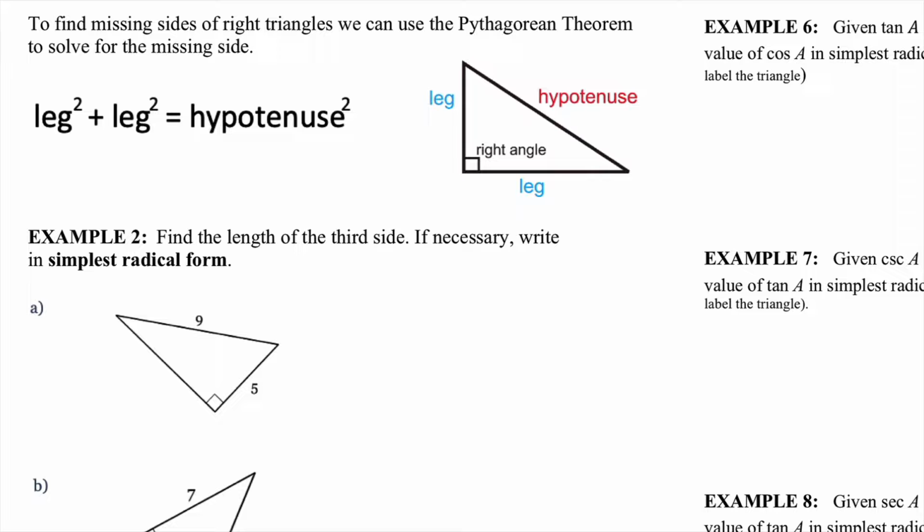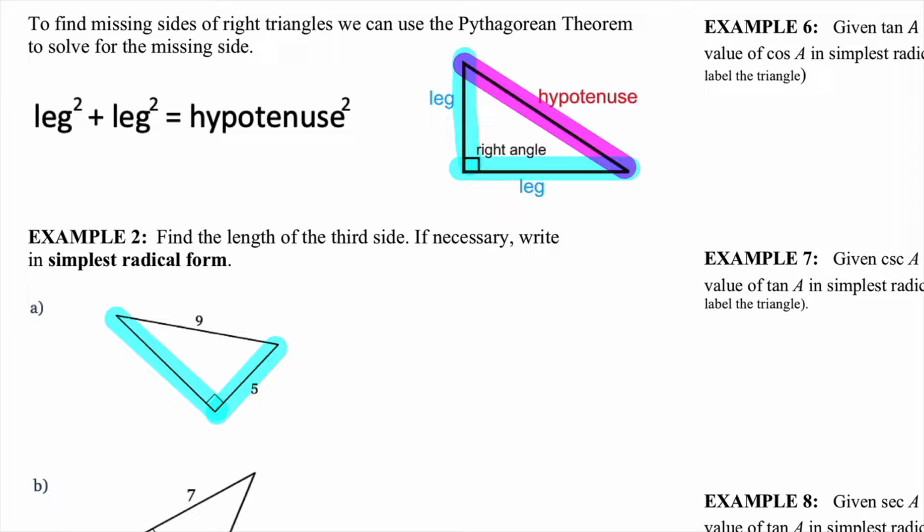Okay, so let's use that for letter 2A. We got the two legs here, right? I got a leg here, a leg here, and a hypotenuse here. For 2A, which part is missing, the leg or hypotenuse? Your leg, yeah. How do I know it's a leg? Because the two legs always make up the right angle, the square. Always.